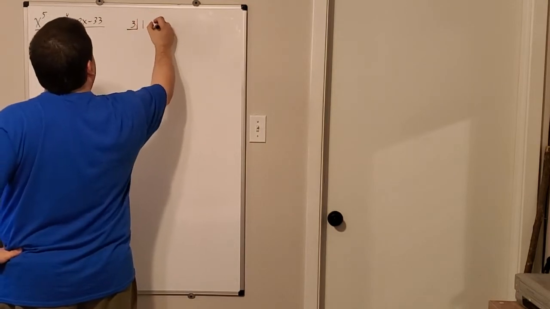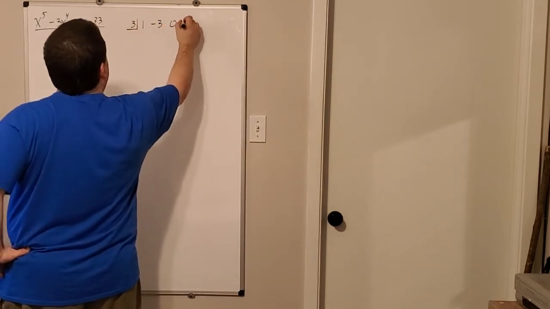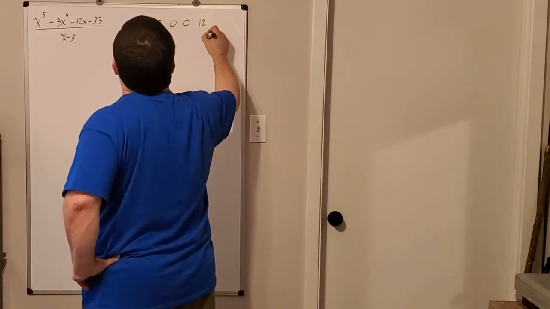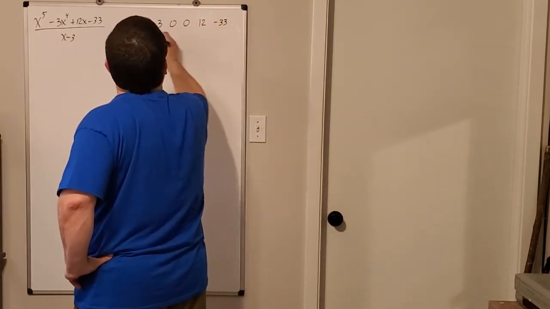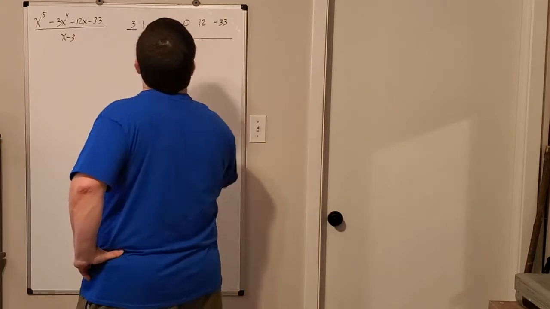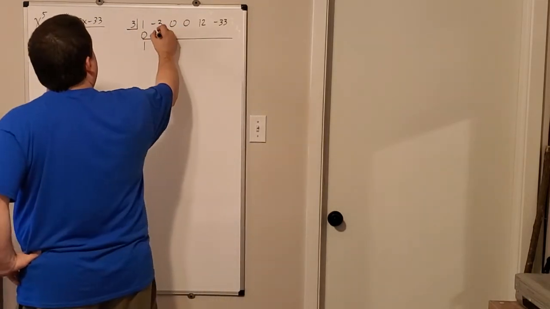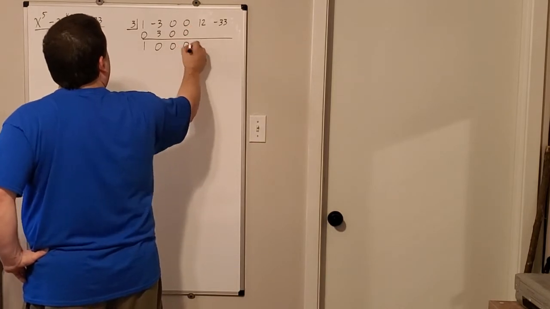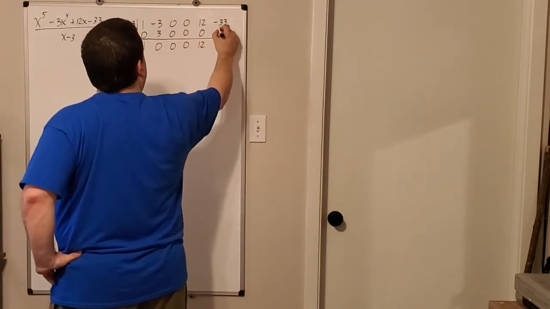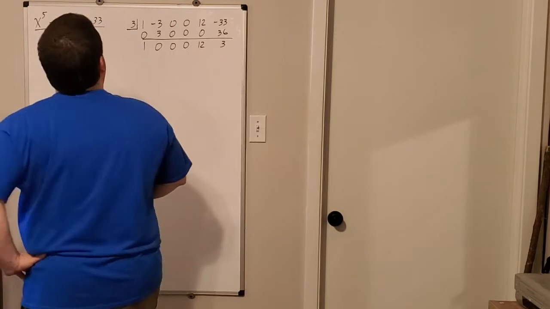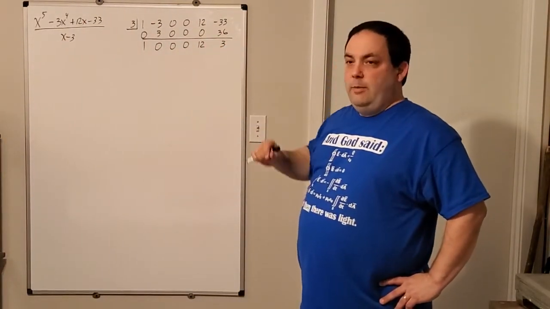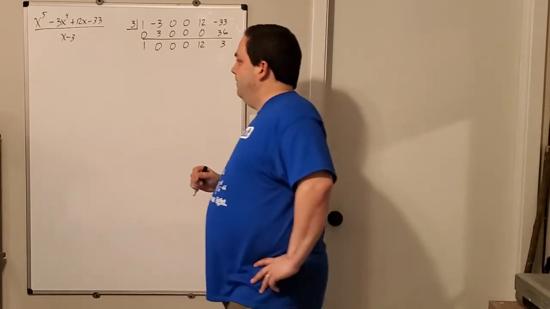We have 1, negative 3, 0, 0, that's x to the 5, 4, 3, 2, x to the 1, and number. Remember, this is the same division as before, so I'm just recreating our little wheel here. Okay, so there's the division that went along with that particular setup.